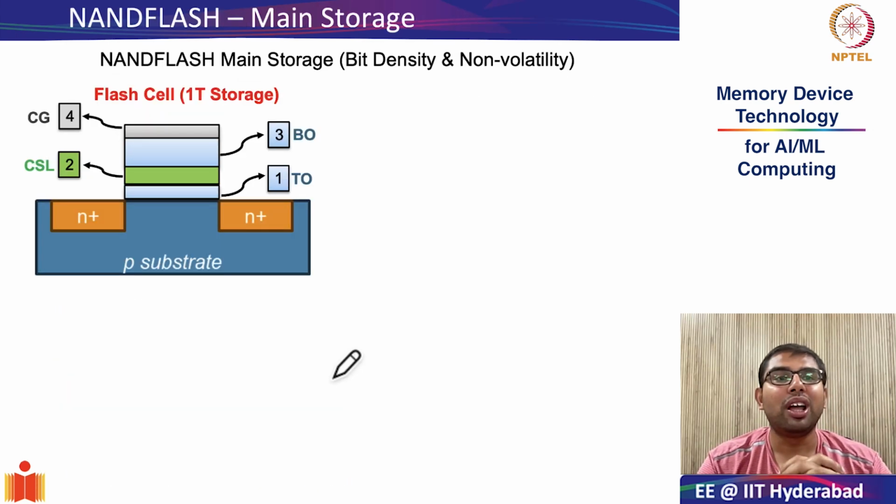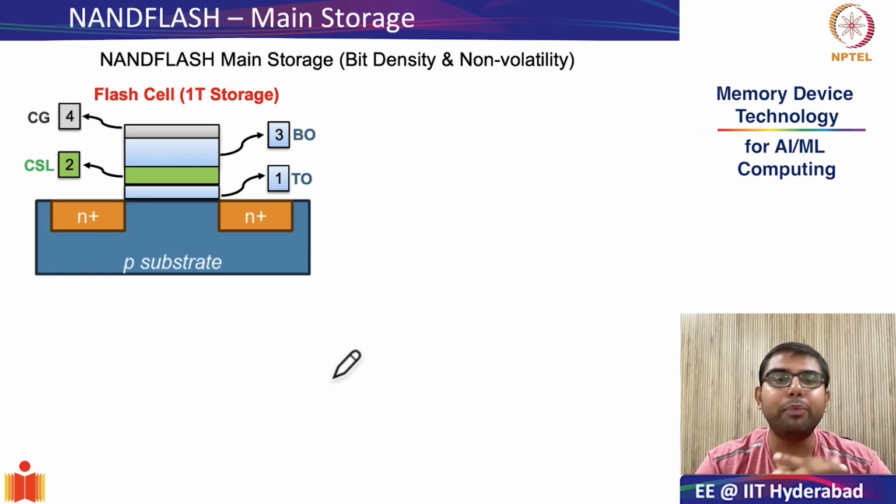Finally, we come to our latest topic, which is your NAND flash cell. Since the NAND flash cell is your main storage element, remember the focus was more on having very high bit density and non-volatile operation, even if it comes at the cost of larger latencies.